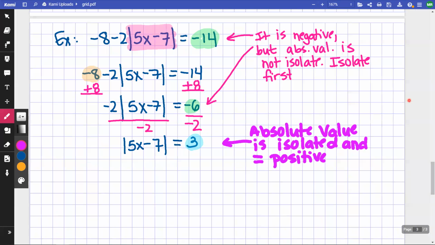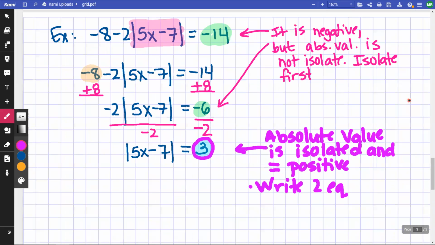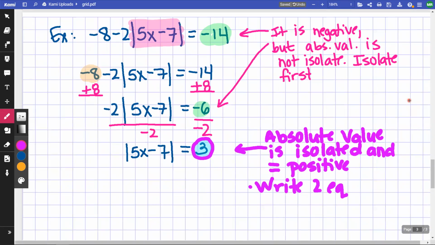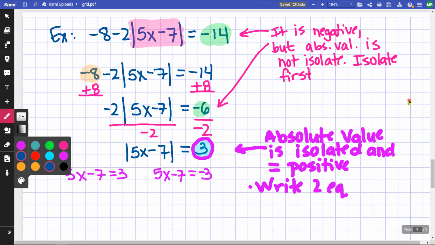So now that this is a positive, we're going to write our two equations. One of those equations is going to be 5x minus 7 is equal to 3. The other equation is going to be still 5x minus 7, but this time equal to -3. And we're going to work these out. So I am going to add 7. And I'll do the same over here.